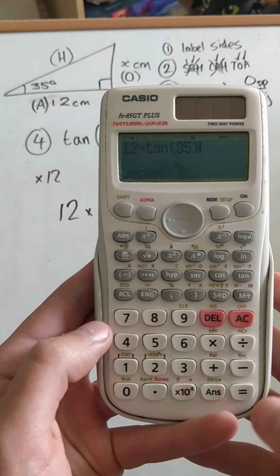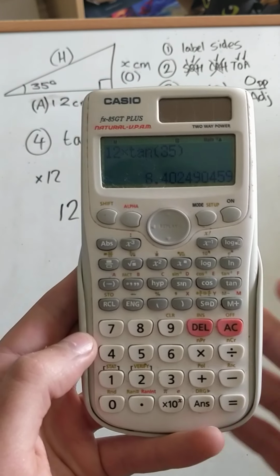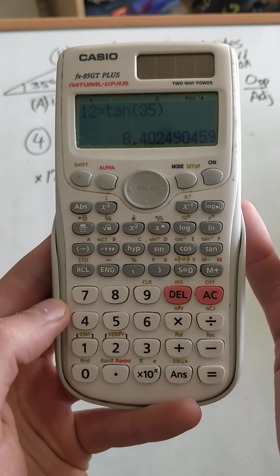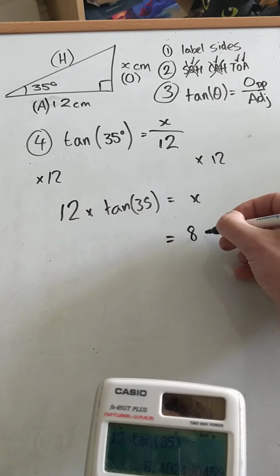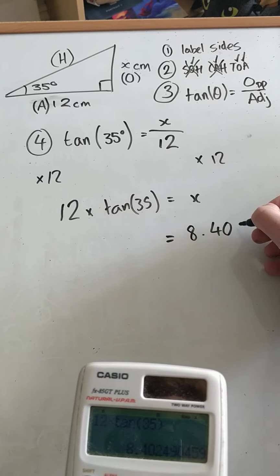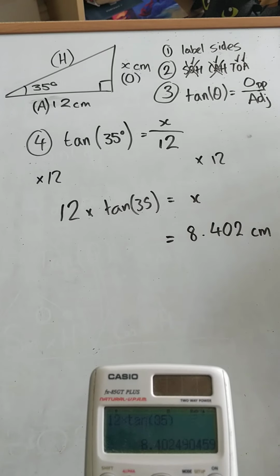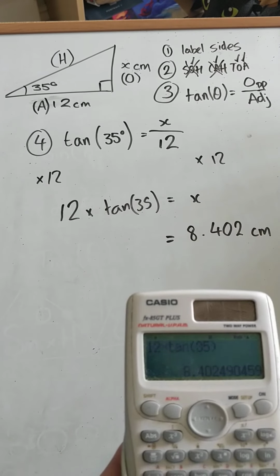So 12 times tan 35, and I get 8.402 centimeters. And that's exactly how you would do an example like that.